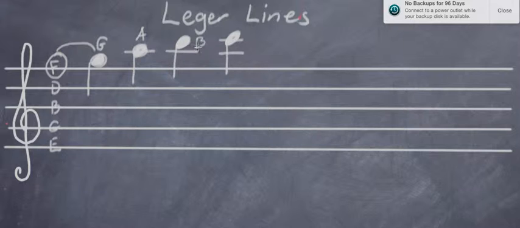And then as we step up onto our second ledger line, this becomes C, because C comes after B.